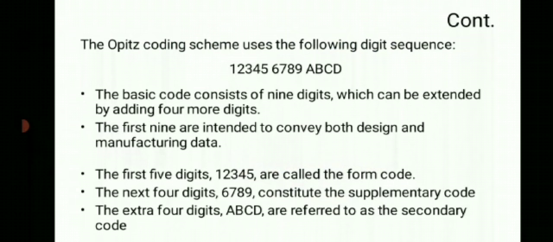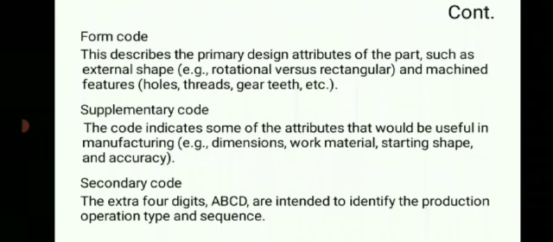The first 5 digits, 1, 2, 3, 4, 5, are called the form code. The next 4 digits, 6, 7, 8, 9, are the supplementary code. The 4 extra digits A, B, C, D are referred to as the secondary code.